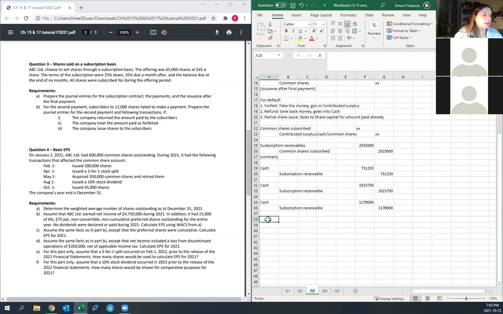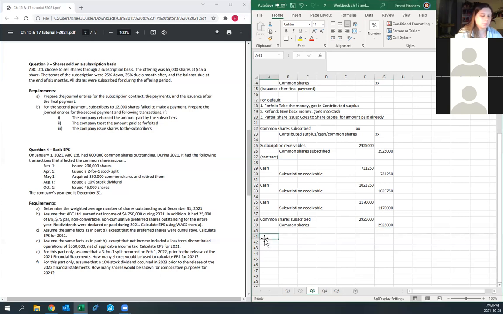And then they issue the shares. So it's going to be common shares subscribed, common shares, for the same amount as the contract here. So now we've done all of this for A.